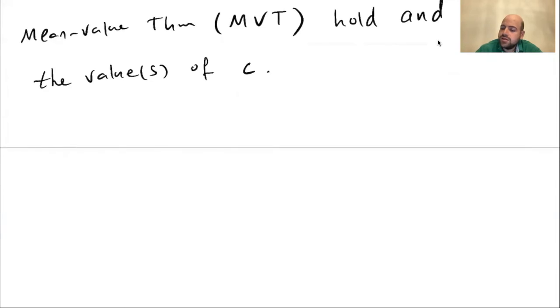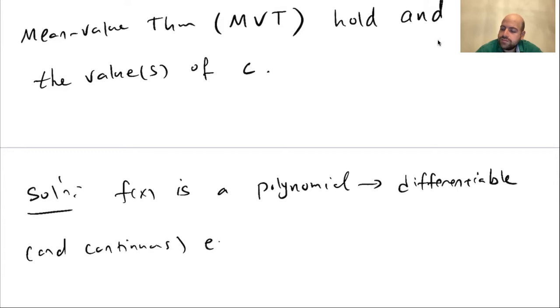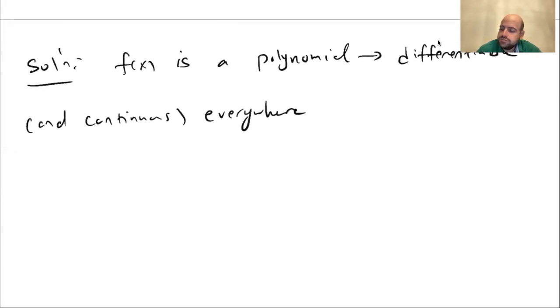So here's a solution. f of x is a polynomial, so it's differentiable and continuous everywhere. So that's it. The conditions of MVT hold.